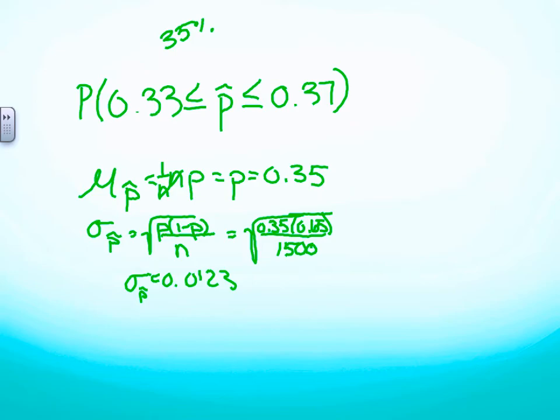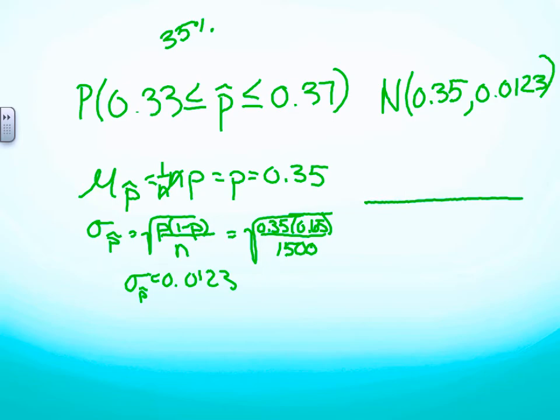Now we're looking for a normal distribution with a mean of 0.35 and a standard deviation of 0.0123. We would like to use our normCDF function on our calculators, but remember that a sketch would be needed here. So I'll do a quick sketch.